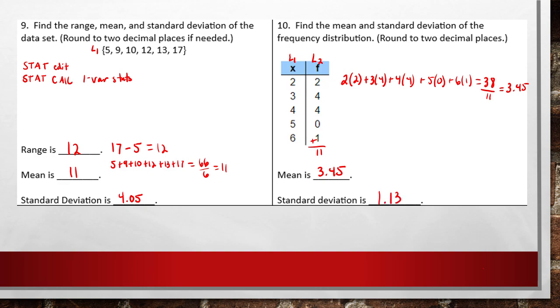You should also be able to check your mean on there because that should also show up. So you should have L1, frequency list L2 when you have the frequency list. Remember, that's a shortcut way for finding standard deviation. You don't have to do the long, complicated math equations.